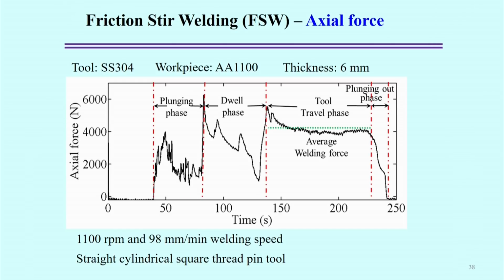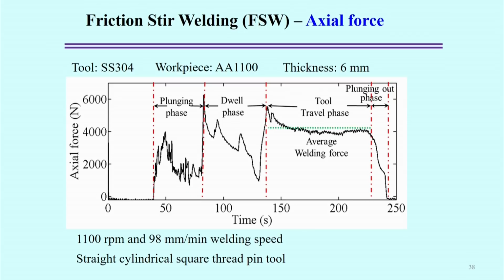Now we look into other aspects of the friction stir welding process. We have mentioned that a milling machine is normally used for friction stir welding, since there is a rotating tool, and we put the rotating tool into the workpiece to a certain depth and hold it under rotating condition. Therefore, a certain amount of axial force, and at the same time some torque, is required to maintain the welding process.